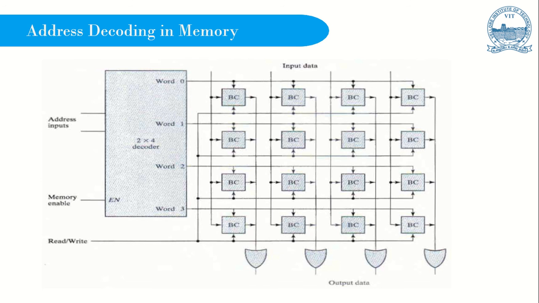Suppose it is 1 KB of data, meaning 1024 memory locations, I would have 1024 lines along the rows. I just wanted to have a modification over here.